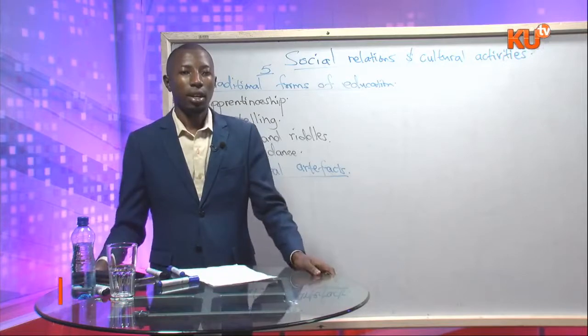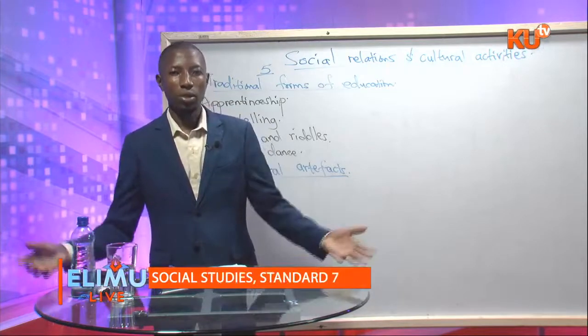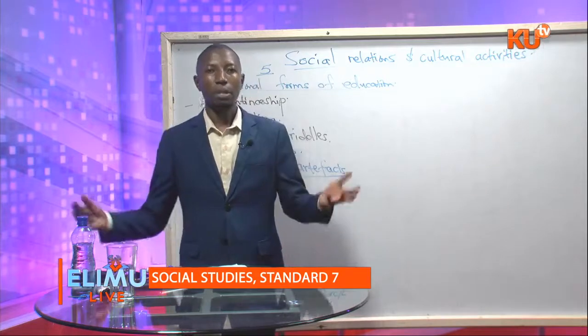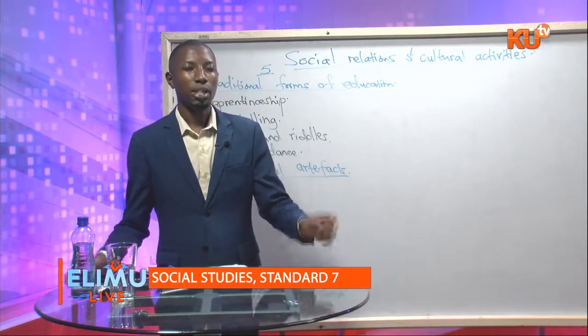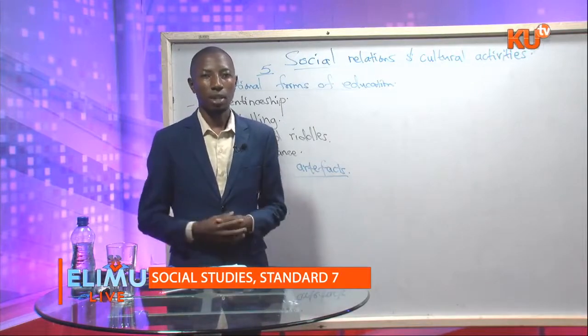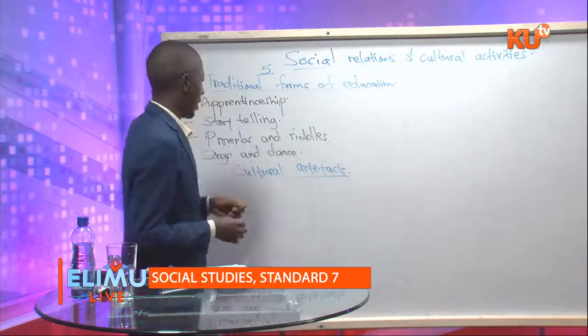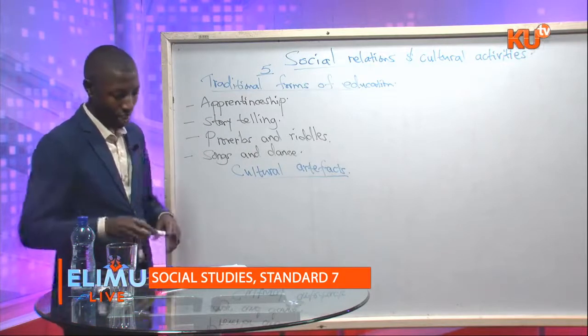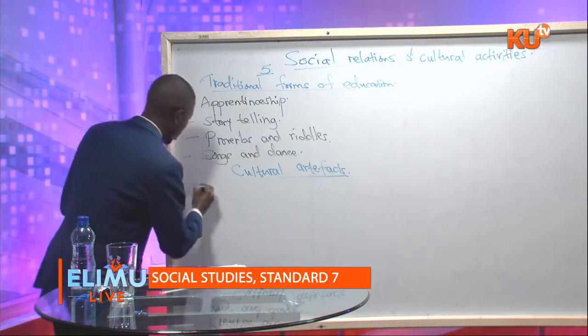It could be a musical instrument. It could be a farming tool. It could be an ornament. Objects used for human craft are called artifacts. And what are some of these cultural artifacts that you learned in grade 4?